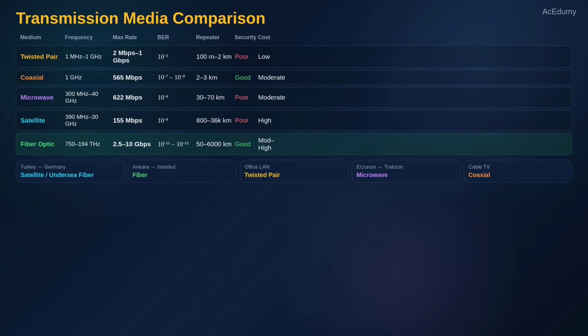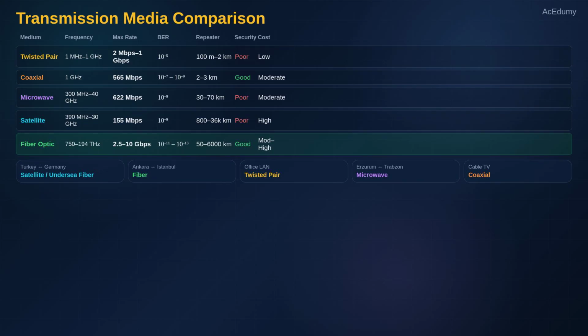Satellite uses 390 MHz to 30 GHz, reaching 155 megabits per second with a BER of 10 to the minus 9. Coverage from 800 to 36,000 kilometers, but poor security and high cost. Fiber optic is the champion.